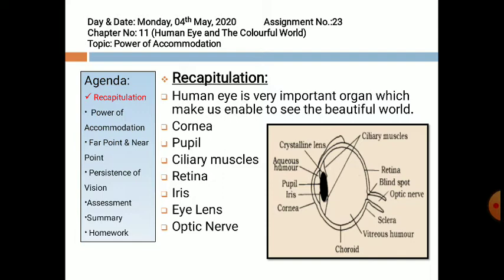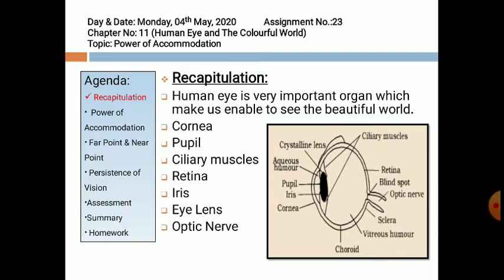Next important part, iris. It is a circular diaphragm present behind the cornea with a hole in its center. It adjusts the size of the pupil and is also responsible for the color of the eye as it contains colored pigments.